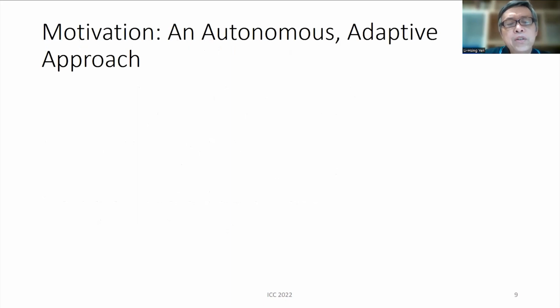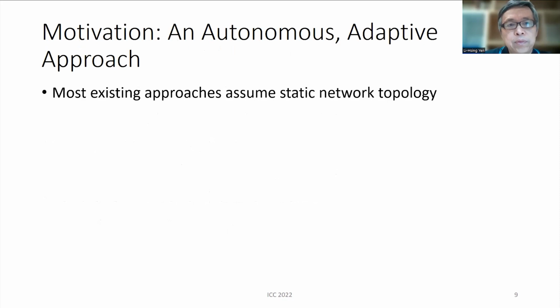The motivation in this research is to develop an autonomous adaptive controller placement approach. Most existing approaches to CPP assume a static network topology, so they cannot easily handle changes of network topology.